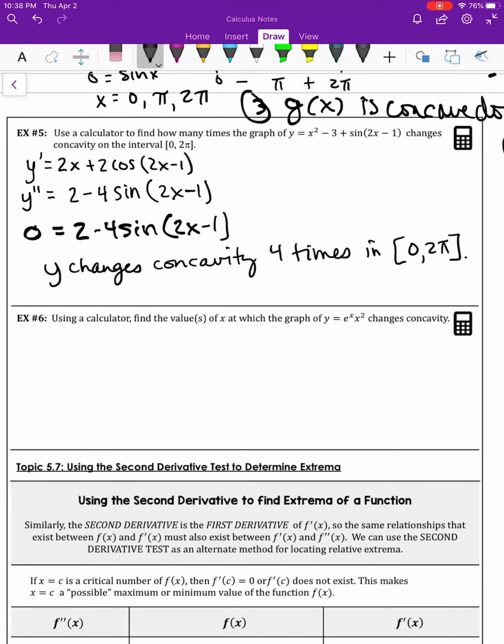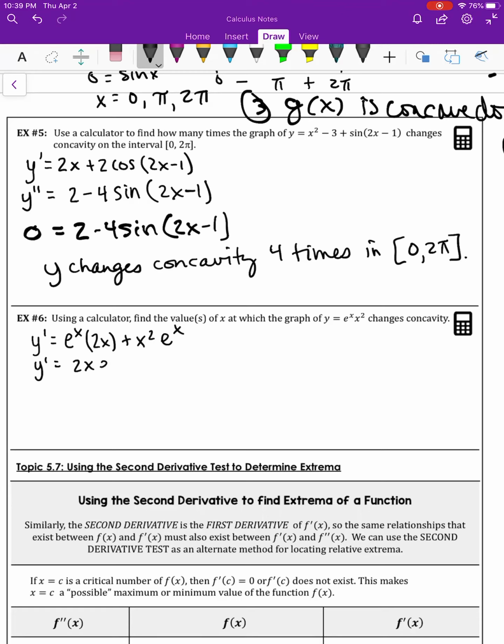All right, our next one, use a calculator. Using a calculator, find the values of x at which the graph of y equals e to the x times x squared changes concavity. So again, we're going to look at the first derivative, and I have to use the product rule. First times the derivative of the second plus second times the derivative of the first.